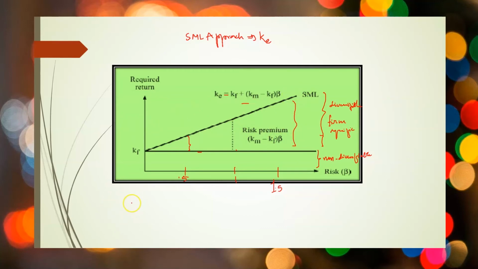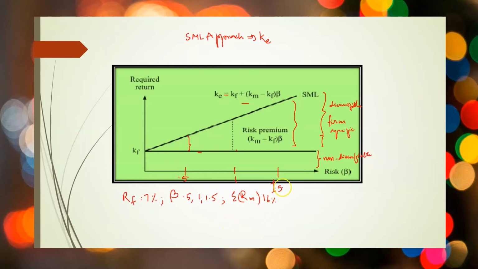Say for example, if the risk-free rate is 7% and the stock beta is 0.5 and let us assume 1 and 1.5, and the expected return of the market portfolio is 16%.